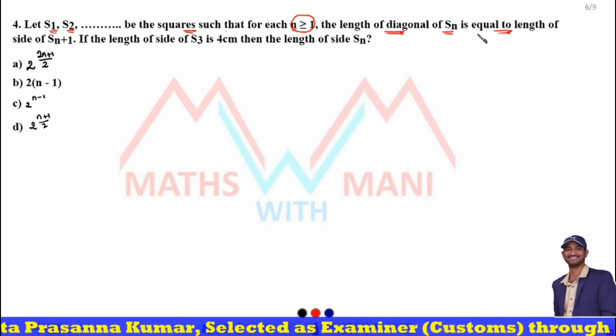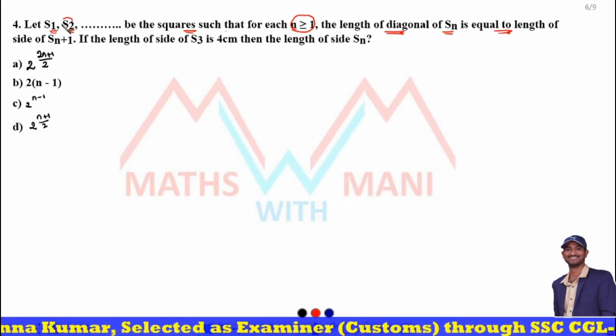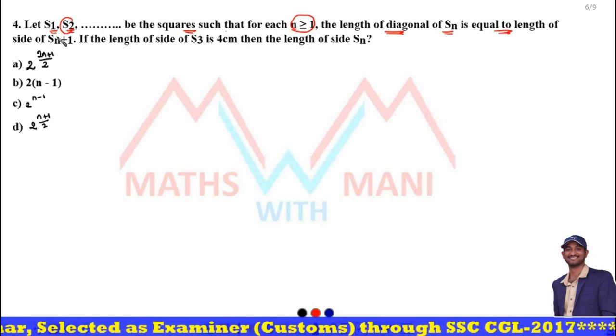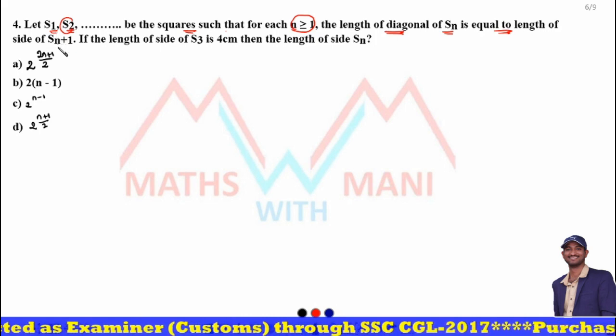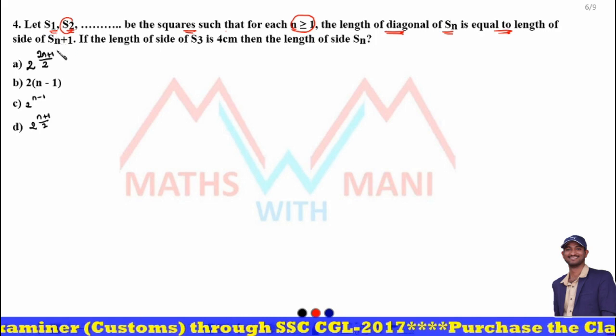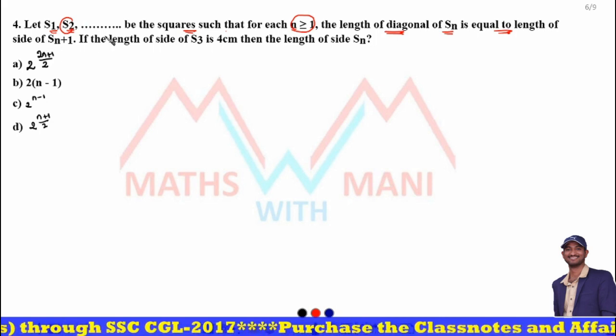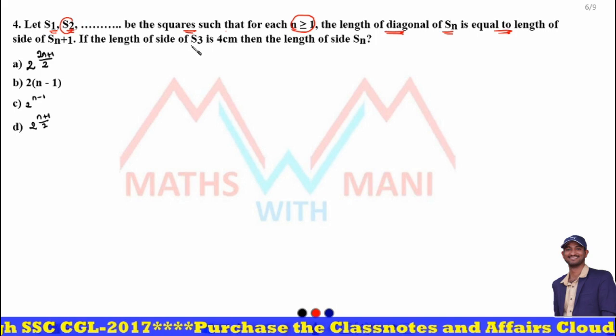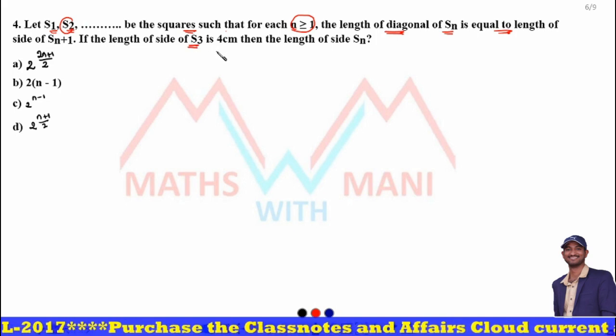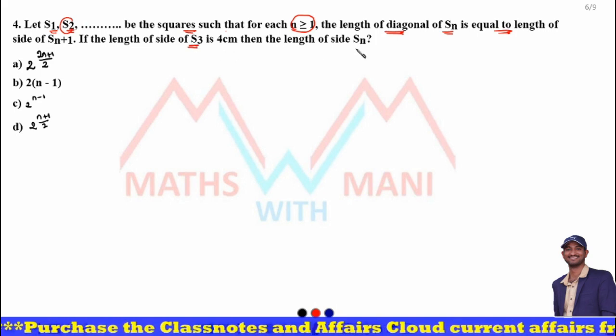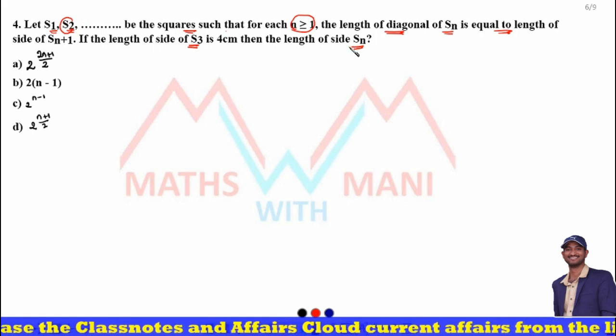That means the side of S2 is equal to the diagonal of S1. Similarly, the side of S3 is equal to the diagonal of S2. That is important. If the length of the side of S3 is 4 centimeters, then what is the length of the side Sn?